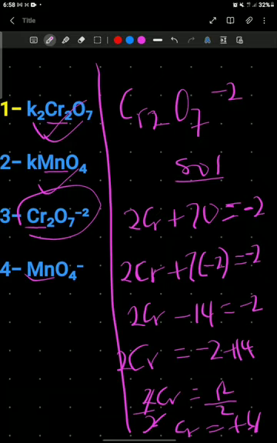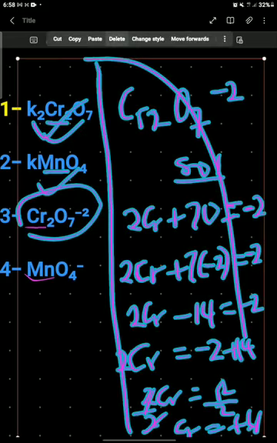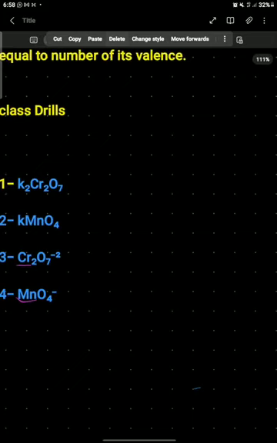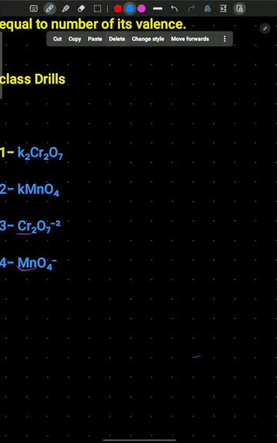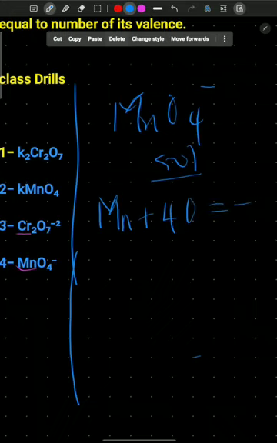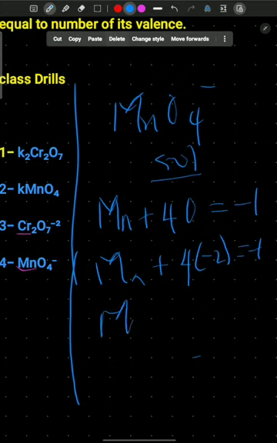So the next one we have is MnO4 minus. So the solution to this: Mn plus 4 oxygen is equal to minus 1. 4 times minus 2 will give you minus 8.